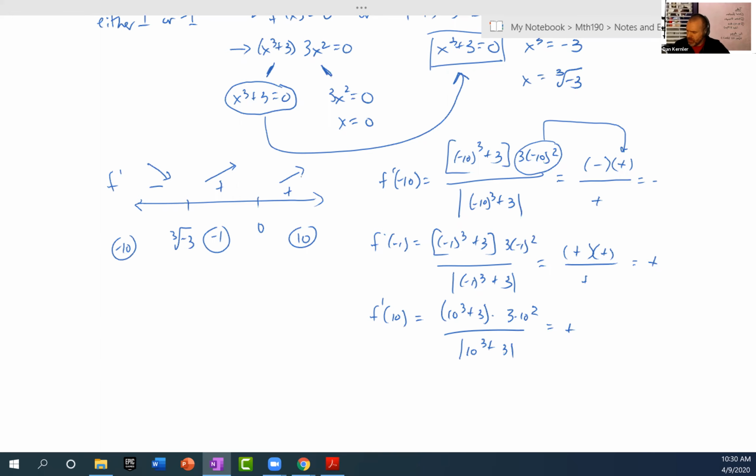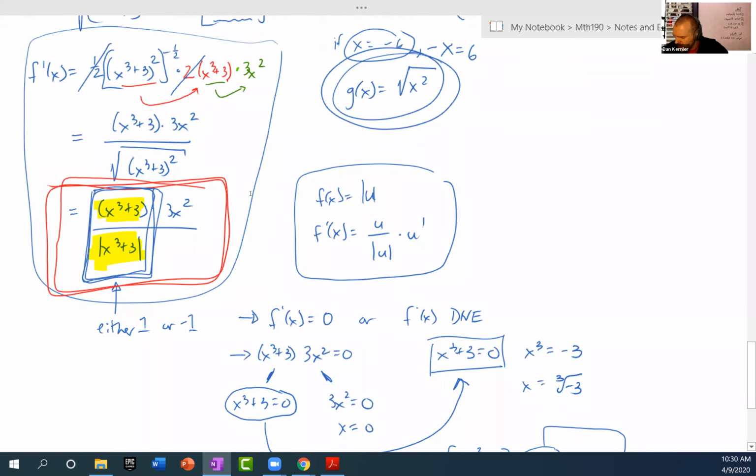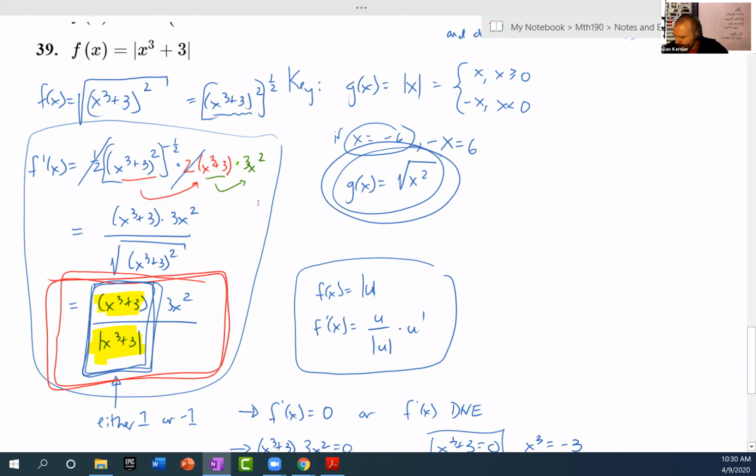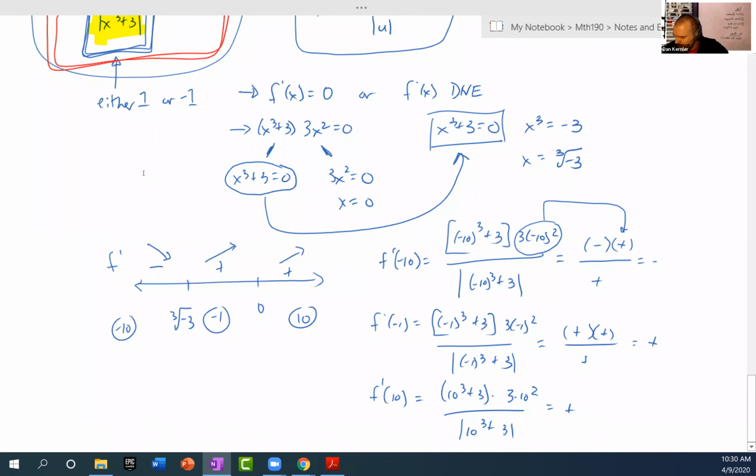Was our original function defined at 0? It was, right? So it looks to me like we would answer this way. So this one's a little, there's an additional layer of complexity here. I would say f is increasing on the interval negative cube root of negative 3 all the way to infinity.